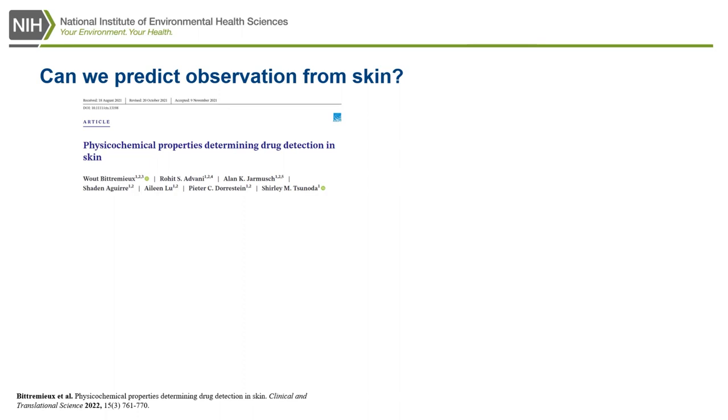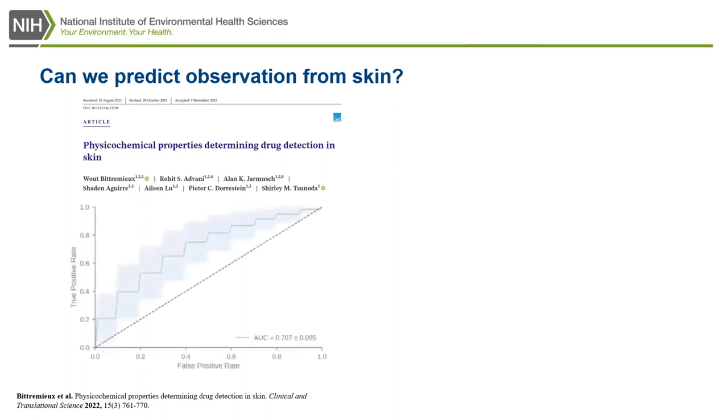So with a lot of help from Wout, we developed a model to predict which chemicals or drugs would actually be available on the skin. We took all the structures of the drugs in DrugBank, I think is the database, which has all the listed structures and identifiers.